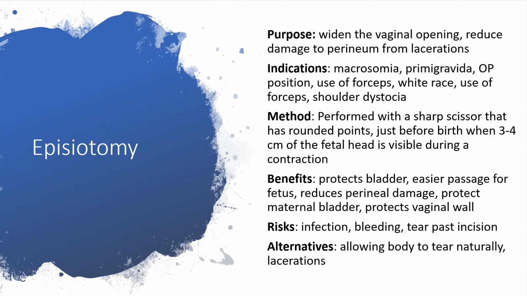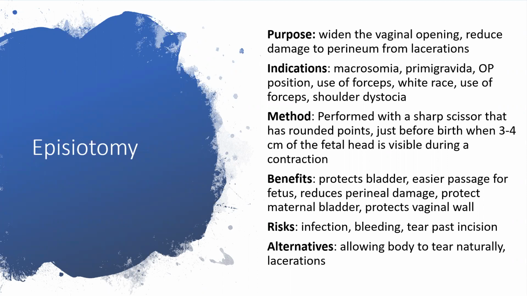If they are primigravida, so this is their first time. If they have an occiput posterior position, maybe the use of forceps. White mothers are usually the ones that might need this. Maybe also shoulder dystocia. If they have the shoulder, that's going to make it wider. So that's what that would be.